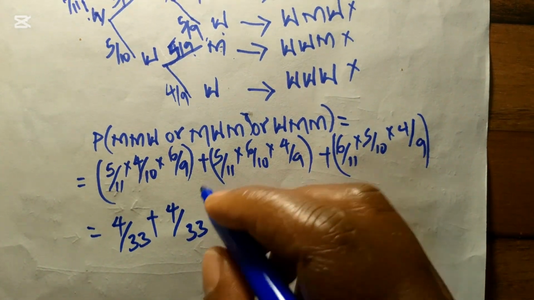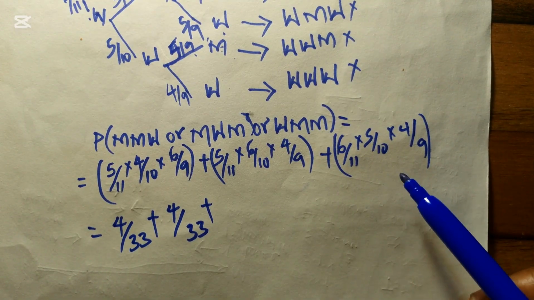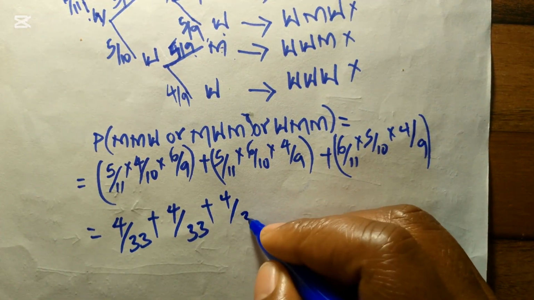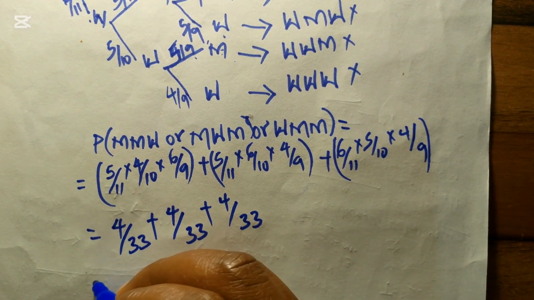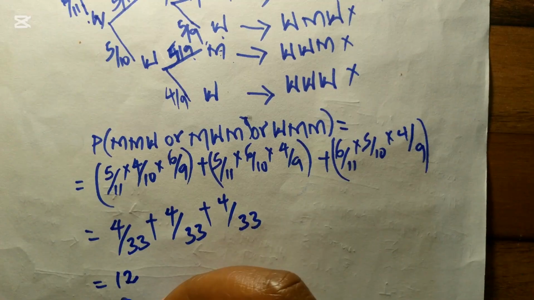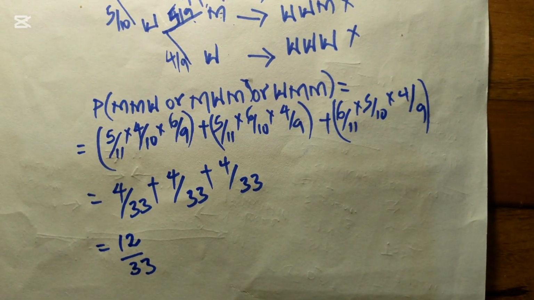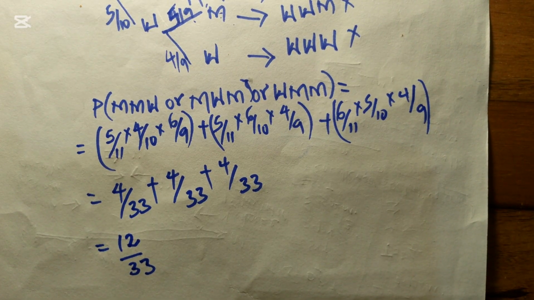Then plus 6/11 times 5/10 times 4/9, 4/33. And this is giving us 12/33. Yeah, can we leave our answer at that point?